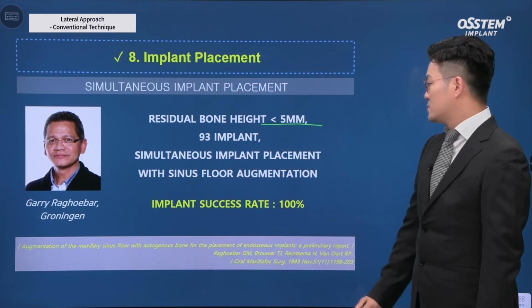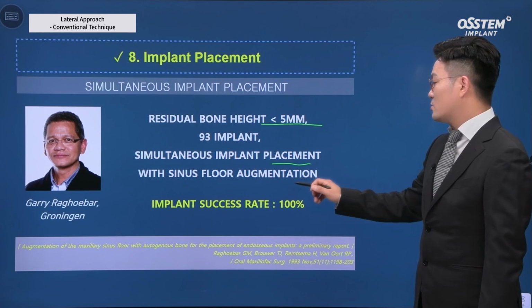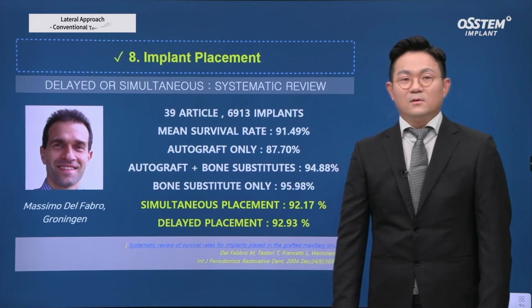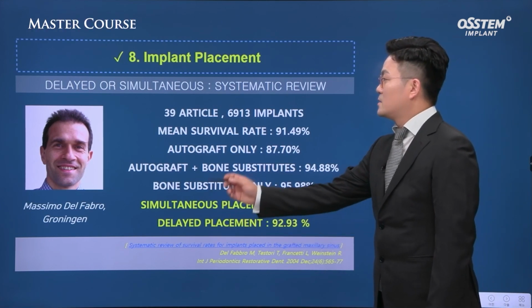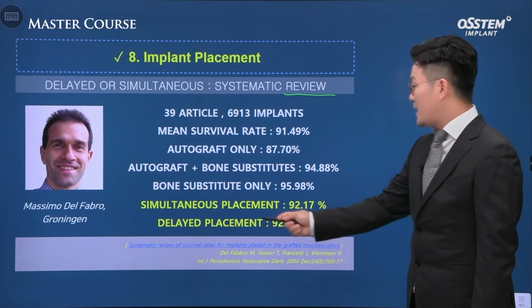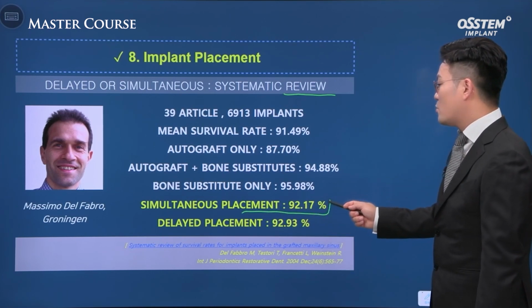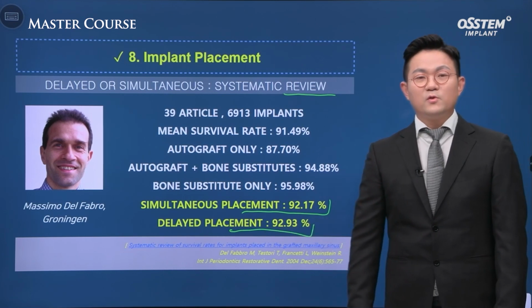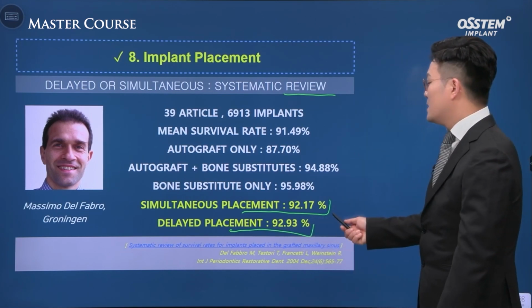So for this type of height, even with augmentation and placement, the success rate was still 100%. If you look at this journal, this is a systematic review, so it's more credible. Simultaneous placement success rate, compared to the delayed placement success rate, as you can see, there's not much of a difference.